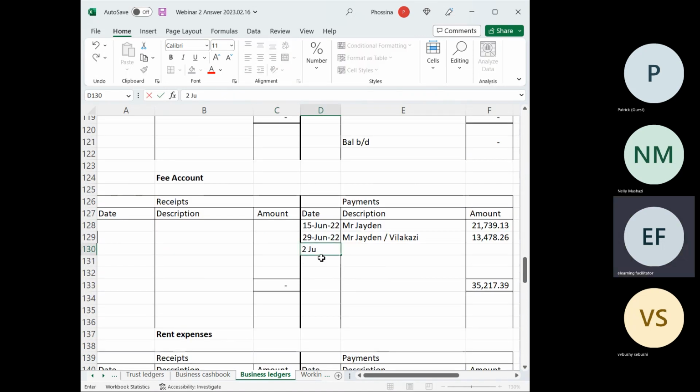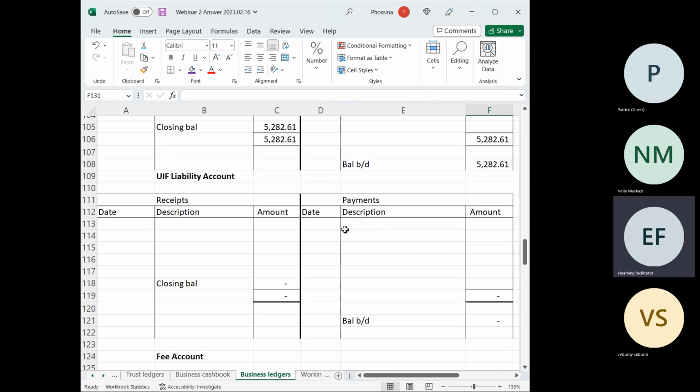It's on 2 June 2022. So it's Met Attorneys Inc. And this is for file opening. And then our fee, it's 500. So it's easy because this one is not inclusive of VAT. It's exclusive, so it's just 500.